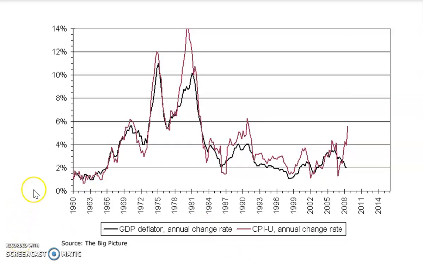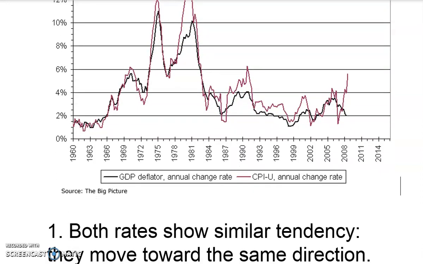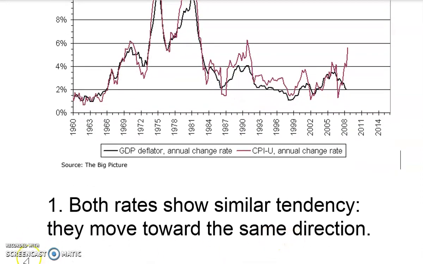Okay, so now let's take an observation. See, there are two. Do they look similar? Very good. So they show a similar tendency. When one increases, the other one also increases.